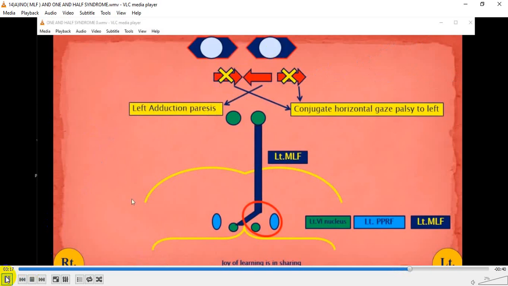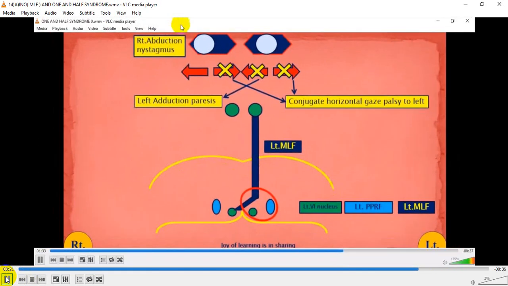You can see that now. The right eye will abduct, and during that abduction there will be nystagmus. Vertical movement will be preserved, convergence will be preserved, because this is a pontine lesion.